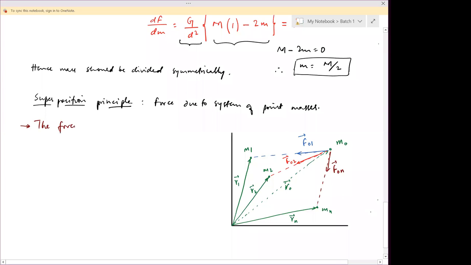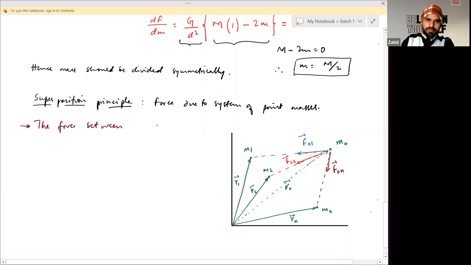So first is the force between any 2-point masses will be independent of force between other masses.